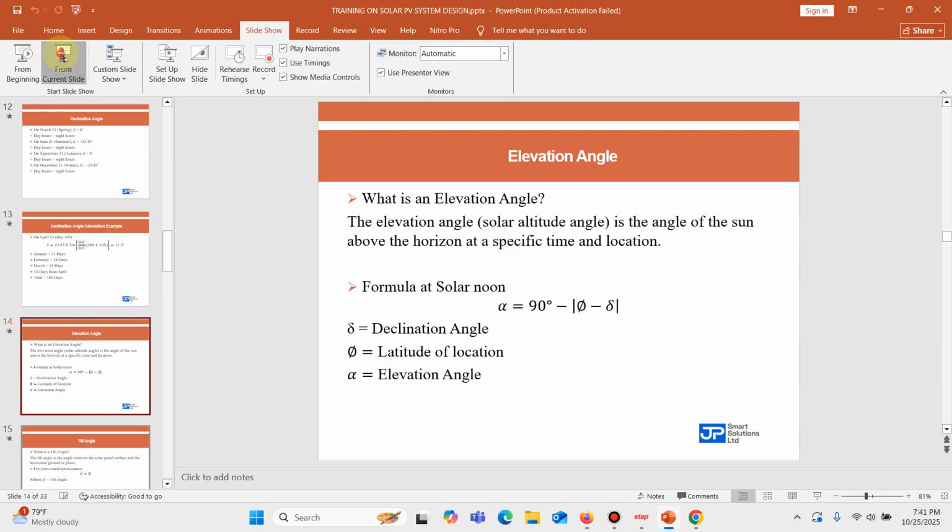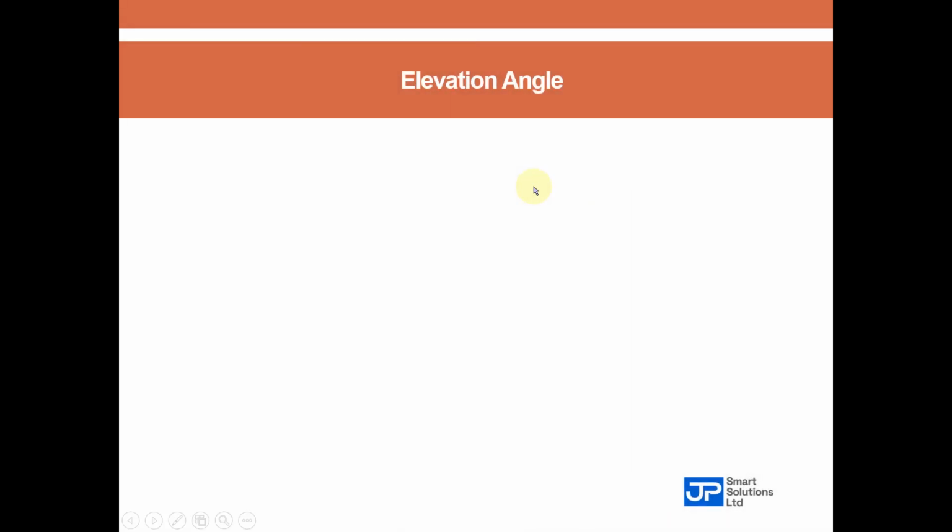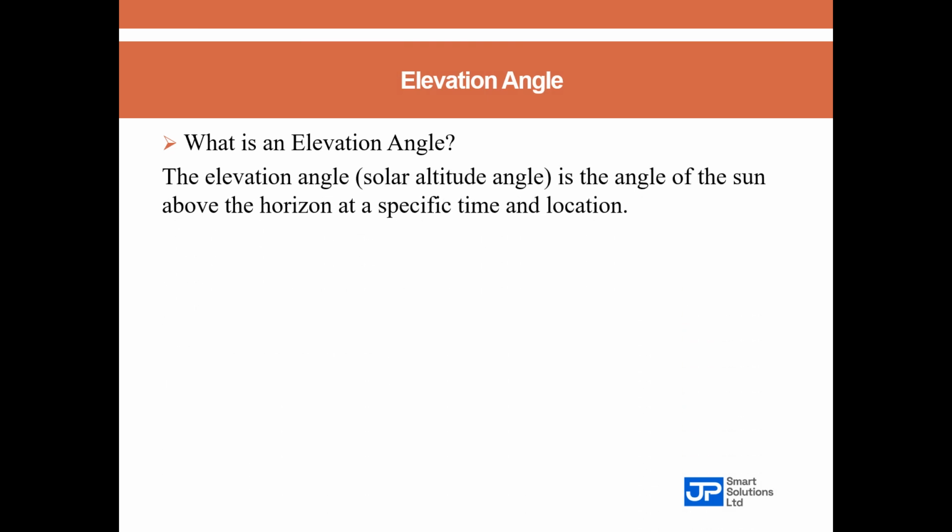Elevation angle. Now, what is the elevation angle? It is important to note that the elevation angle is also known as the solar altitude angle, and it is the angle of the sun above the horizon at a specific time and location.